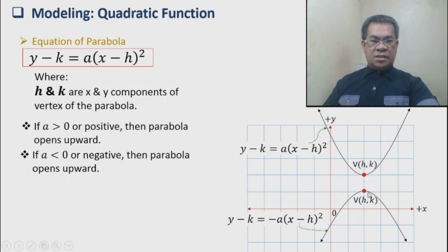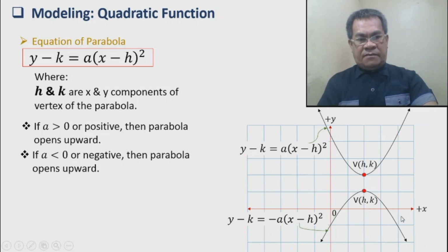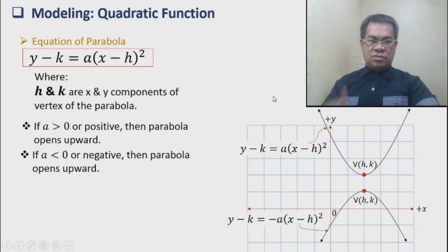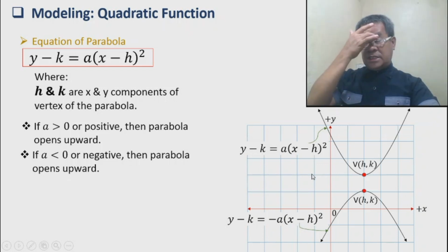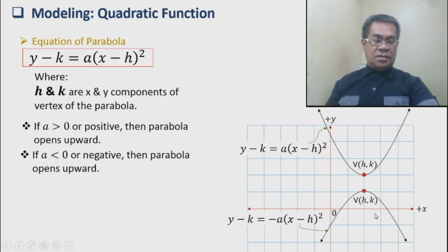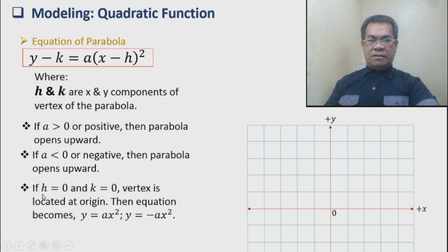Okay? So h and k depend on the coordinates of the vertex. It can be in the second quadrant, first, third, or fourth. If a is greater than 0, it is an open upward parabola. But if it is less than 0, it is an open downward parabola. Now what will happen if h is 0 and k is 0?